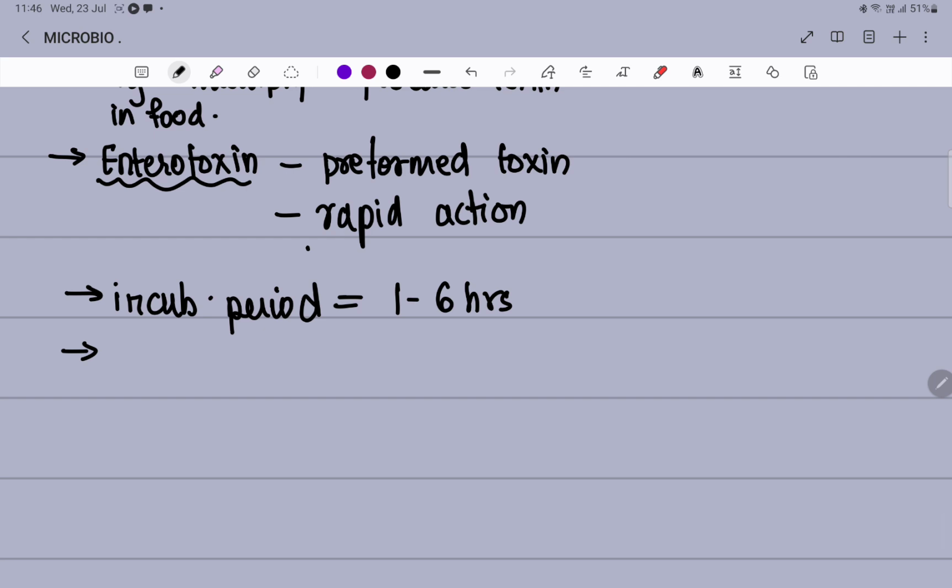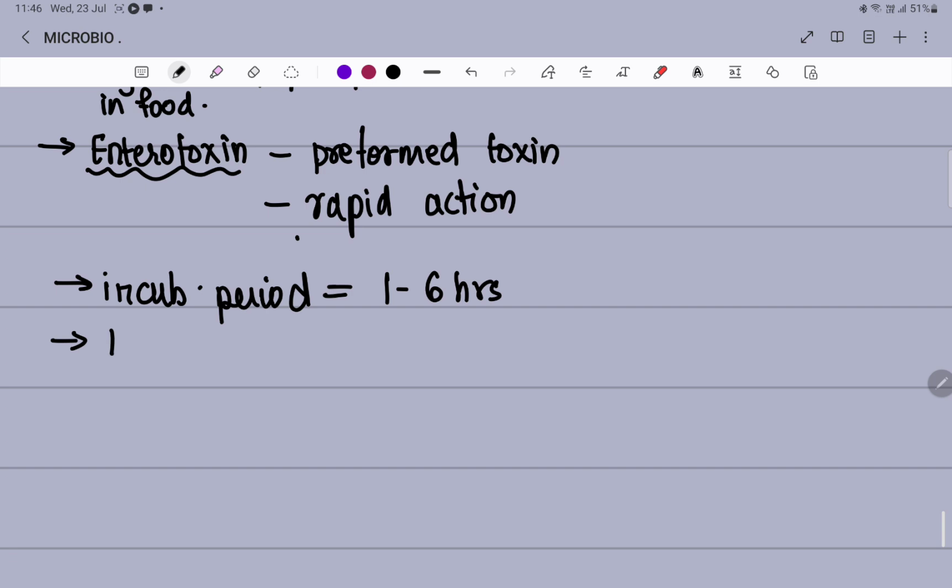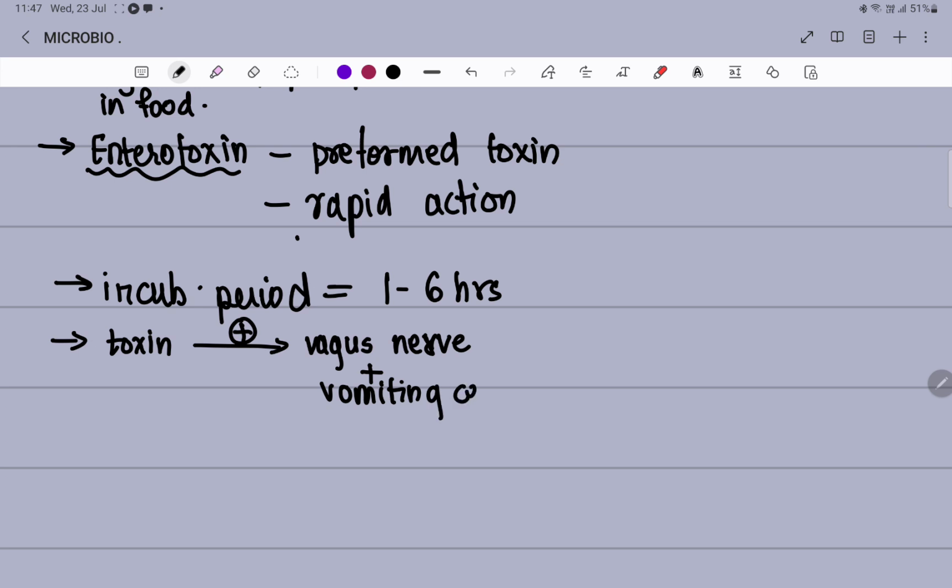Next up, we have site of action. Where does it act? Why is vomiting the most common symptom? Because this toxin will go and stimulate the vagus nerve, plus the vomiting center of the brain.